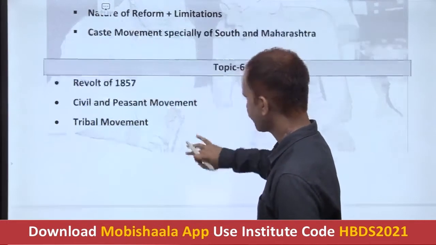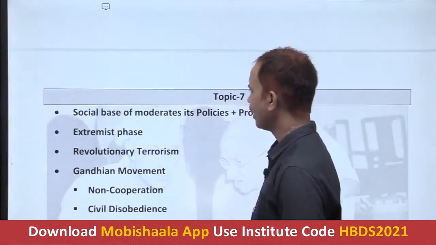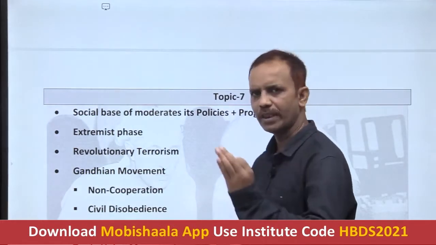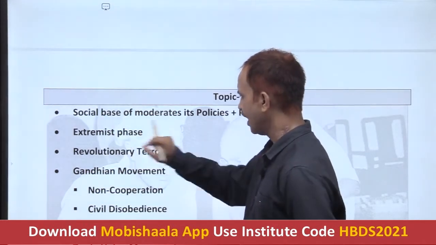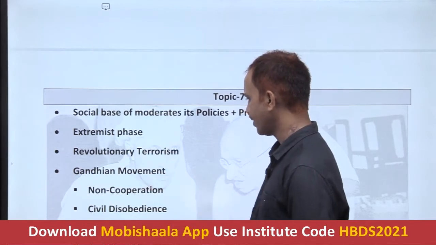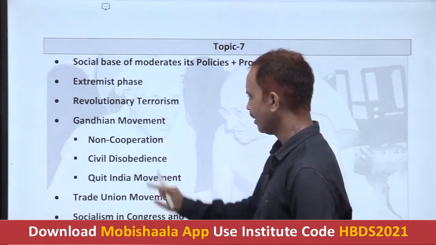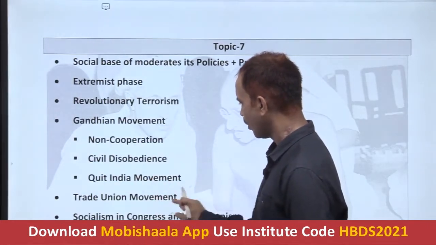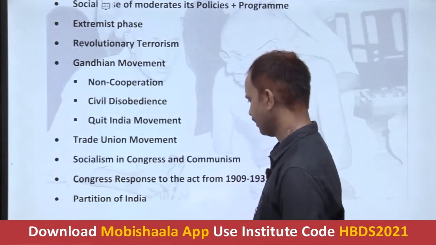Next topic would be the social base of moderates, its policies, its program, the extremist phase, revolutionary terrorism, Gandhian movement that consists of non-cooperation, civil disobedience, Quit India movement, trade union movement, and socialism in Congress and communism.